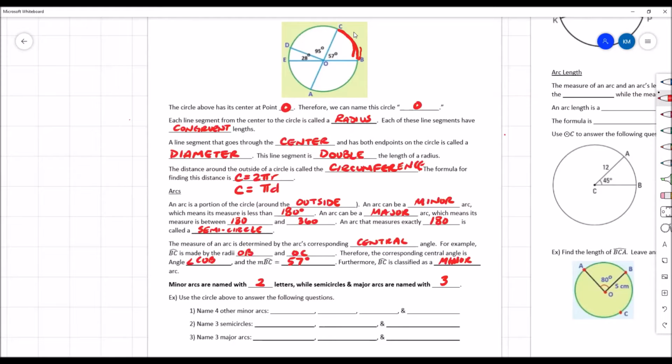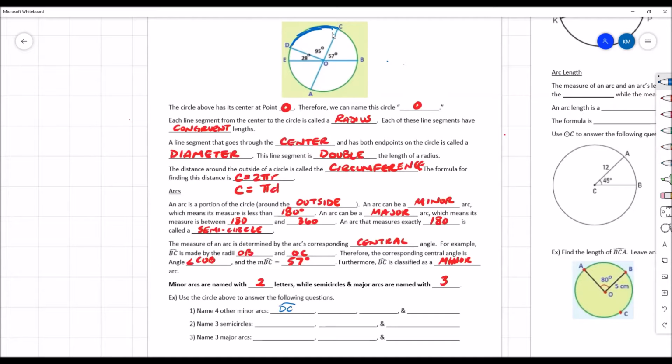It says use the circle above to answer the following questions. First one says name 4 other minor arcs. Minor arcs, remember, are arcs that are less than 180 degrees. As we look at our diagram, we already have CB, so let's eliminate that one. We've got arc DC, which is 90.